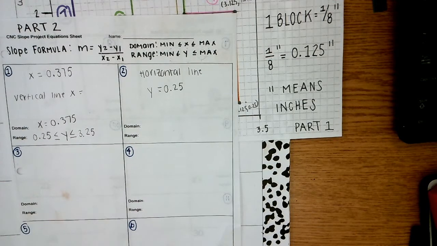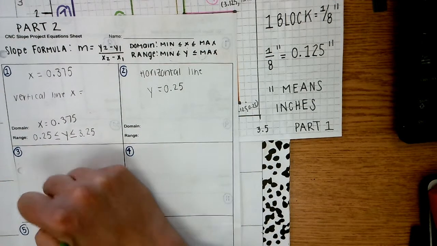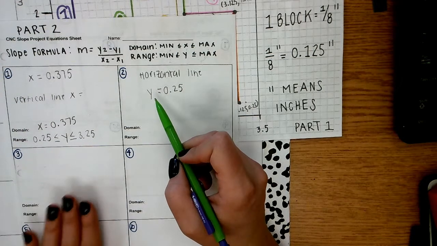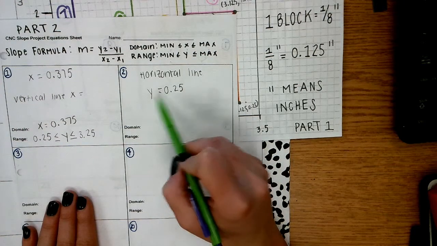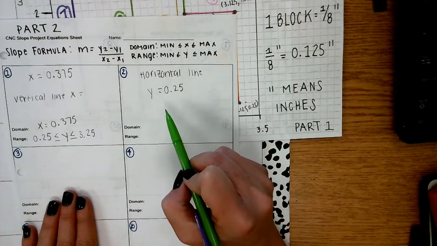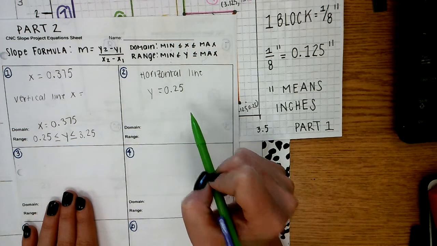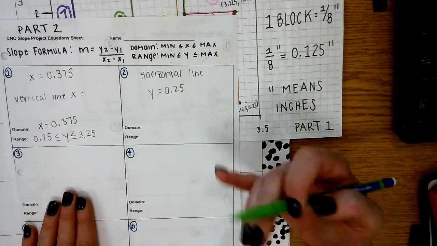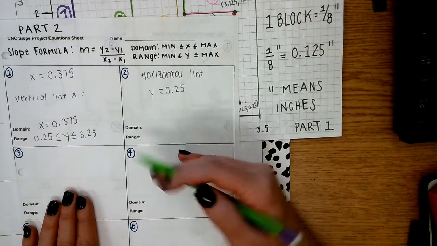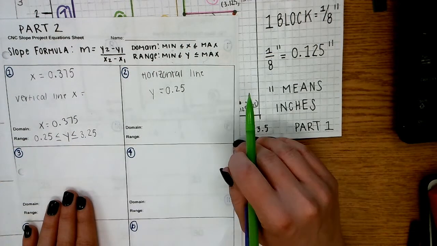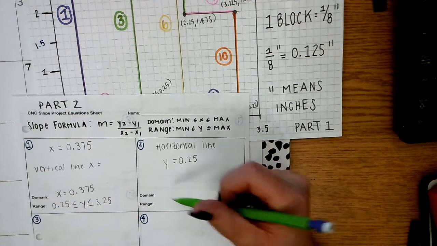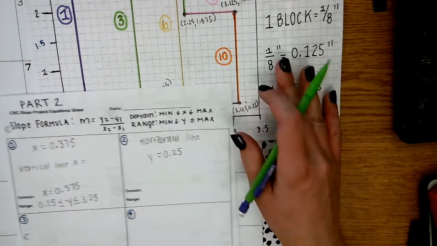Now that we have our equation, we need to find our domain and range. This equation is going to tell the machine where to cut. It's going to say, hey, cut a line that has this equation. And the domain and range, when we transfer into G-code and put it on the CNC machine, will tell the machine where to start and where to stop. So, very important that we get the correct domain and range.